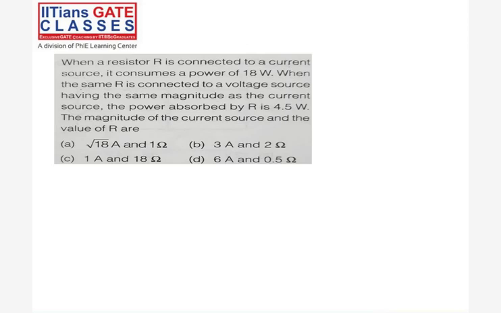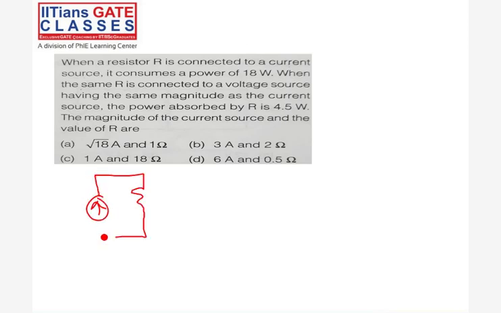Okay, I'm doing this. Everyone look at this screen. When the resistor R is connected to a current source, the power consumed is 18 watts. Let the value of the current source be X amperes. The resistance is R. So what is the power consumed here?